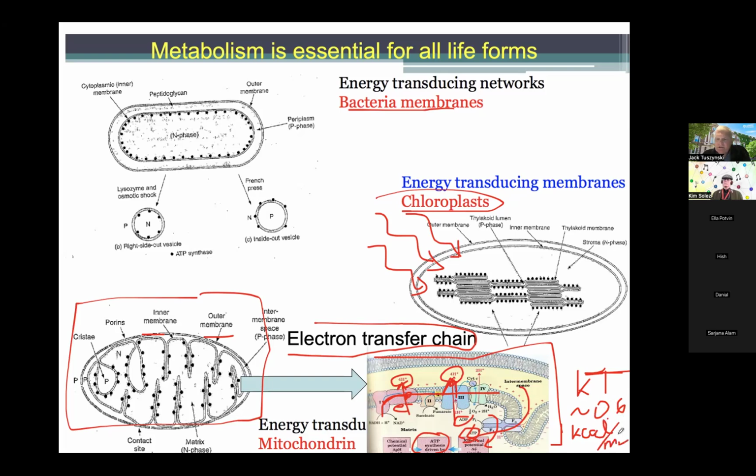Anything which is below this can be ignored as noise, and anything which is at least, I would say, 2 kT is meaningful. In the case of ATP, again it depends on the concentrations and so on, but roughly speaking, 60 kilocalories per mole, which is about 100 times. And why is it significant?